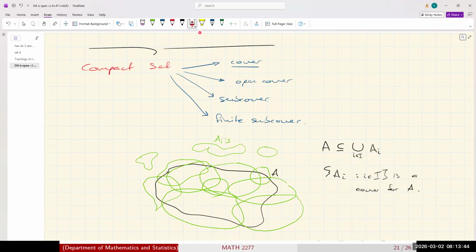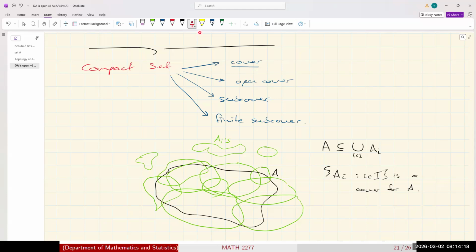Notice from this picture that I drew a couple of things. The sets that I drew could overlap. They don't have to be disjoint. You see there's overlap between them. That's fine. Some sets do not have to cover anything. These guys out here aren't covering anything. That's fine. Some sets are inside other sets. That's fine. So a cover is something very general. It's not restrictive at all.